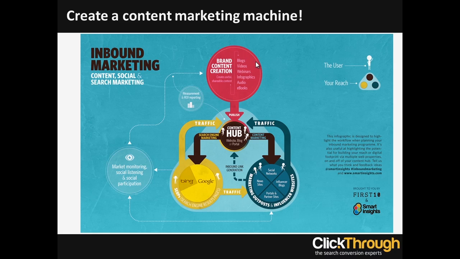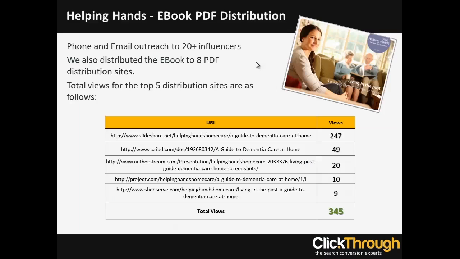But I'm not sure that's always the case. But it's certainly something we try to do at ClickThrough. And this is an example where for a charity client, we actually were doing phone and email outreach to 20 influencers.